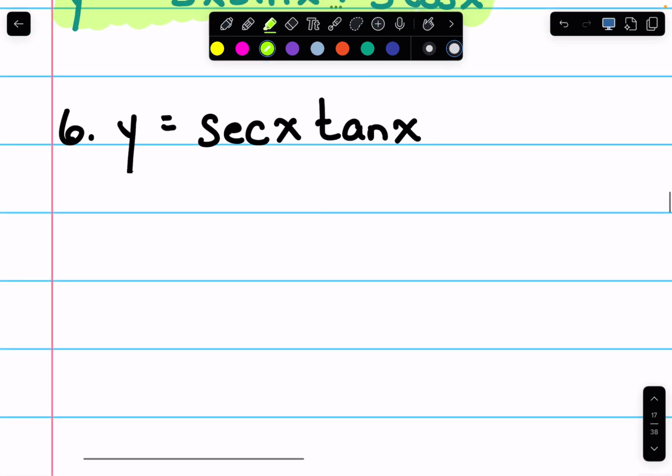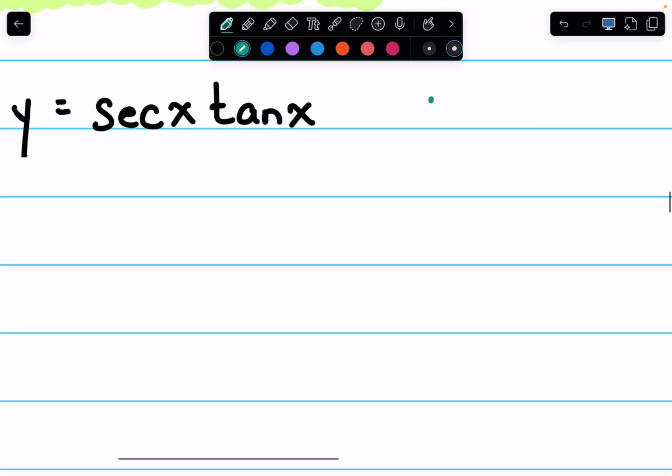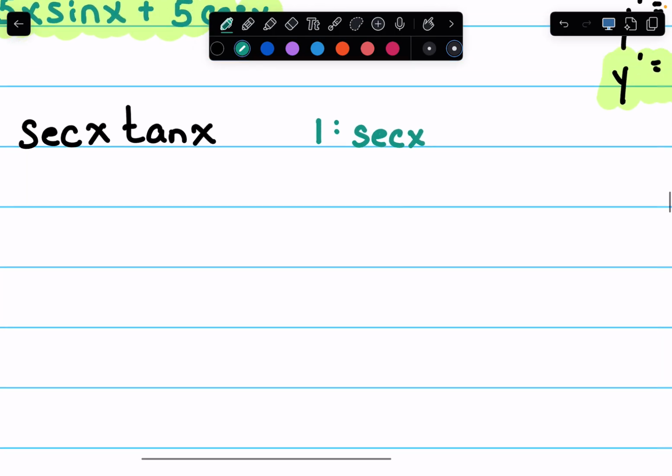Next one. We'll obviously have to use the product rule here as well. I have one thing times another thing. And there's x's involved, right? Secant x, tangent x. Okay, so we'll do, the first is secant, the second is tangent.